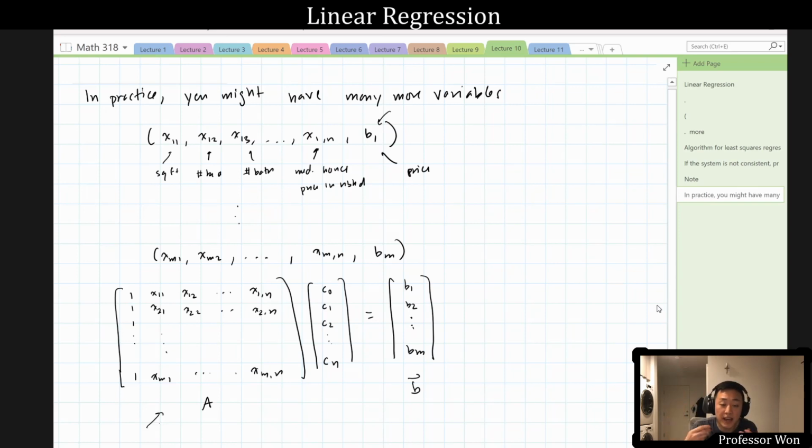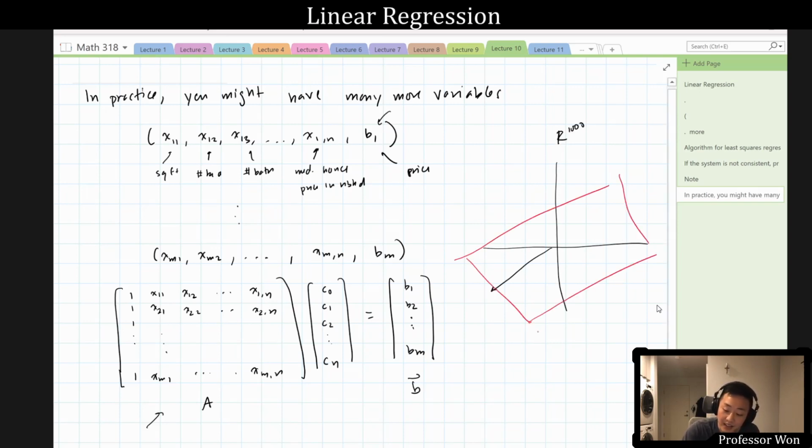So the column space of A will be a 10-dimensional subspace of R1000. But how do we draw that? We would draw it with the exact same picture. So here's R1000. I just have suppressed 997 of the dimensions. And here's the column space of A, and this is a 10-dimensional subspace of R1000. So almost certainly our vector B is going to lie off of this plane.